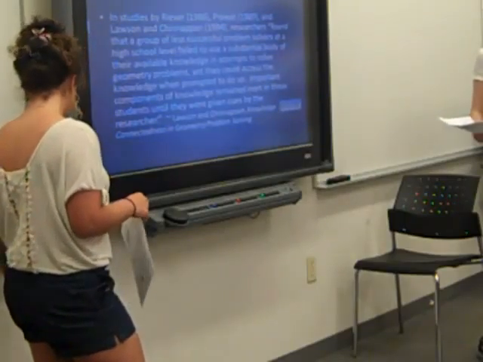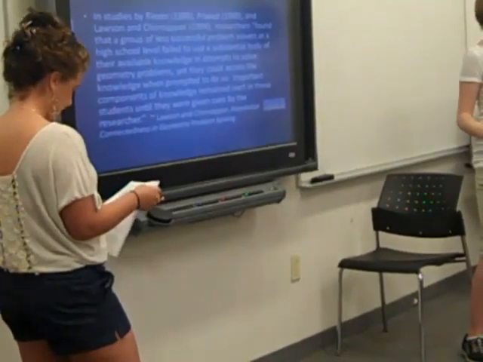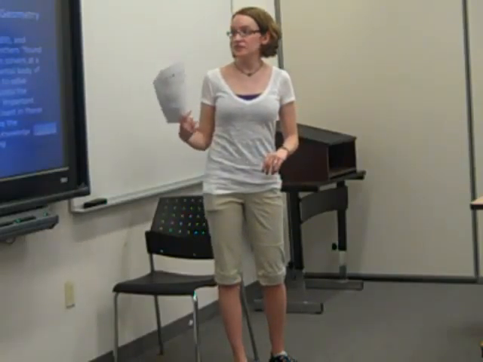So we looked at studies and issues in teaching geometry, and this is from an article where they did a study of high school students, but that's eventually what our students are going to get to. These are some problems that high school students have. In studies by Reiser, Pratt, and Lawson-Chenapan, researchers found that a group of less successful problem solvers at a high school level failed to use a substantial body of their available knowledge in attempts to solve geometry problems, yet they could access the knowledge when prompted to do so.